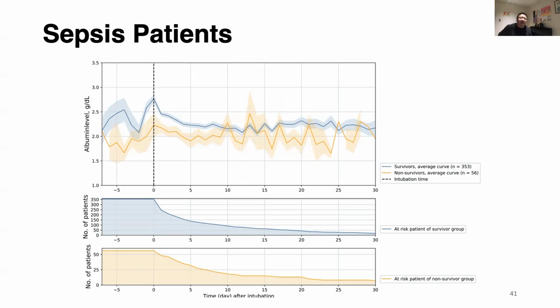Similar to the Odyssey subphenotyping study, this is also a phenotyping study comparing specifically the temporal trend of the albumin level for critically ill COVID patients versus sepsis patients who are on mechanical ventilation or intubation.